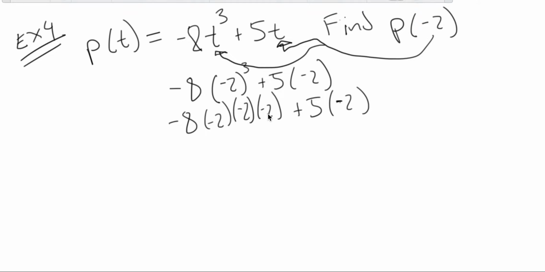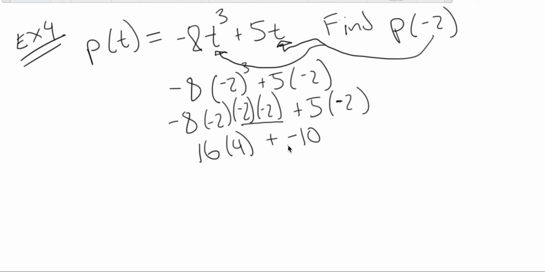Okay, so if we do it left to right, we're going to do negative 8 times negative 2. That's positive 16. We could do the next two multiplied, these two here. Negative 2 times negative 2, that's going to give you 4. Plus 5 times negative 2, that's negative 10. Plus a negative, we didn't have to write that.